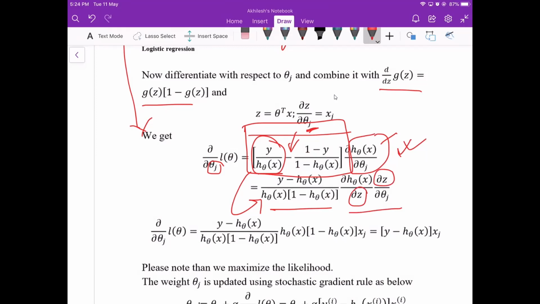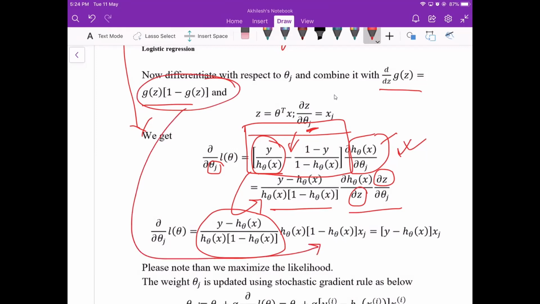We have copied the same thing, and del h upon del z we already derived, so we can put it here: h theta into 1 minus h theta, and del z upon del theta j is this one, so this is xj.